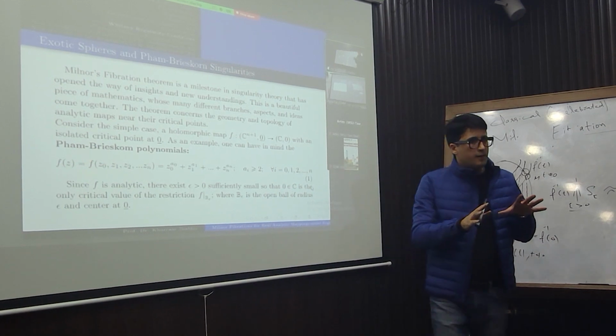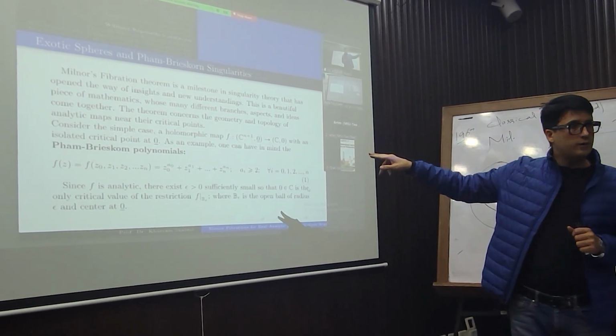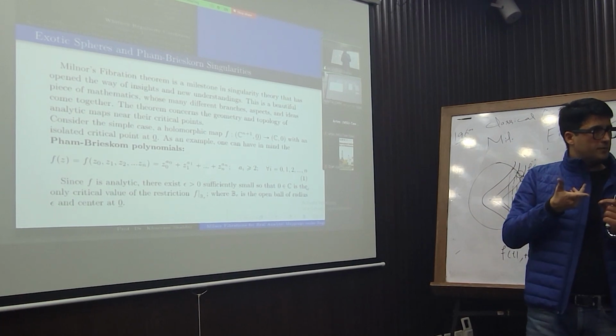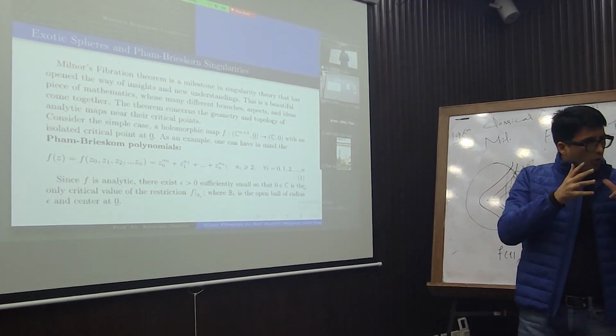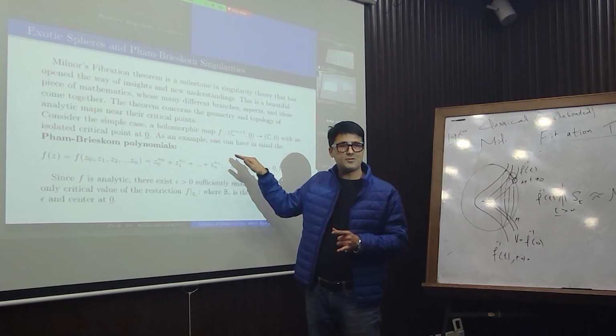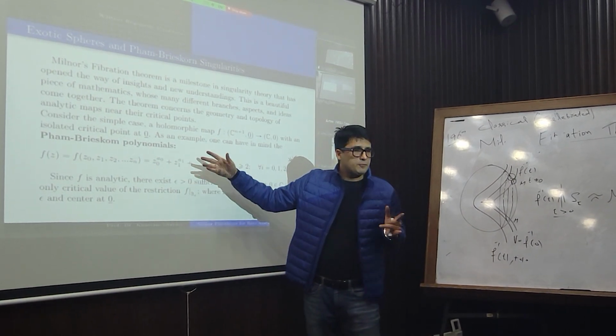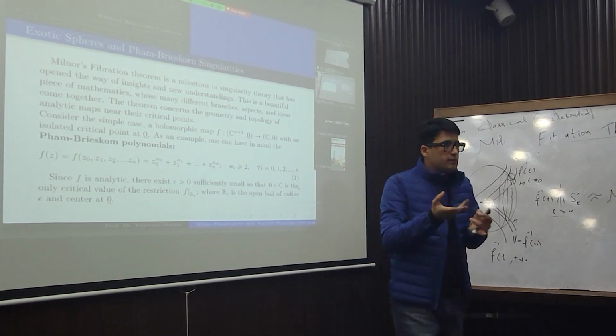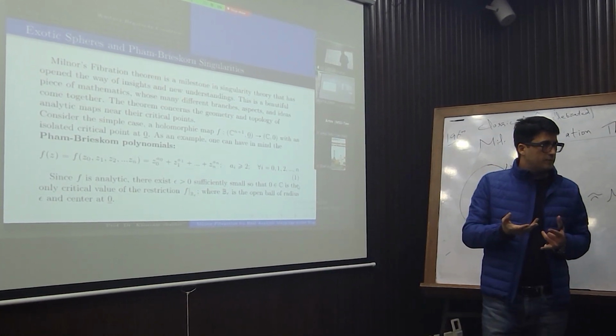It means that this polynomial, this singularity, classifies all the exotic spheres. All the exotic spheres are coming from these Brieskorn singularities. Of course, it depends on the a_i. If you change the a_i, you get different things.